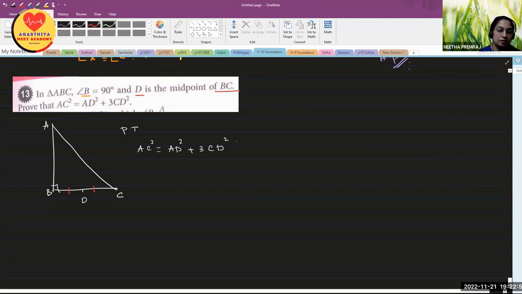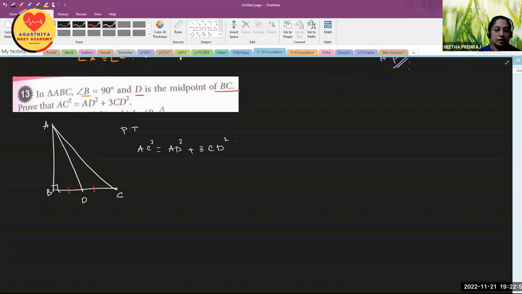Okay, AD square, you have to join, then AD square. So in this one, I'll give you an idea. You try on your own, okay, guys, and you tell me the steps. You just apply Pythagoras theorem. There are two triangles, isn't it? One right angle triangle is ABD.